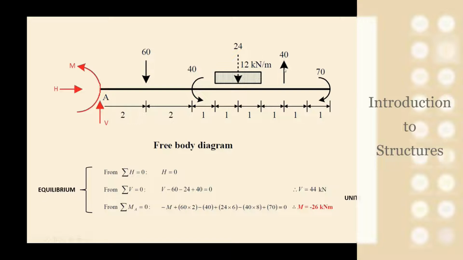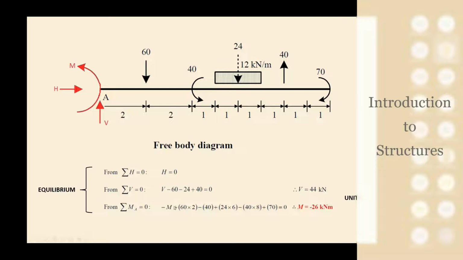It's negative because the rotation produced around the point A is anti-clockwise. And finally, we have this 70 kilonewton meters applied at the right extreme of the cantilever beam. It's a positive moment because it's clockwise. So plus 70, all of this equal to 0.